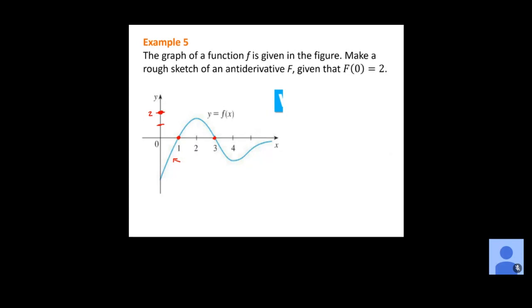If the derivative is negative, what does that tell us about the original function? Okay, slope downward means it's doing what? Decreasing, right? So what this tells us now is the original function along this interval is decreasing.